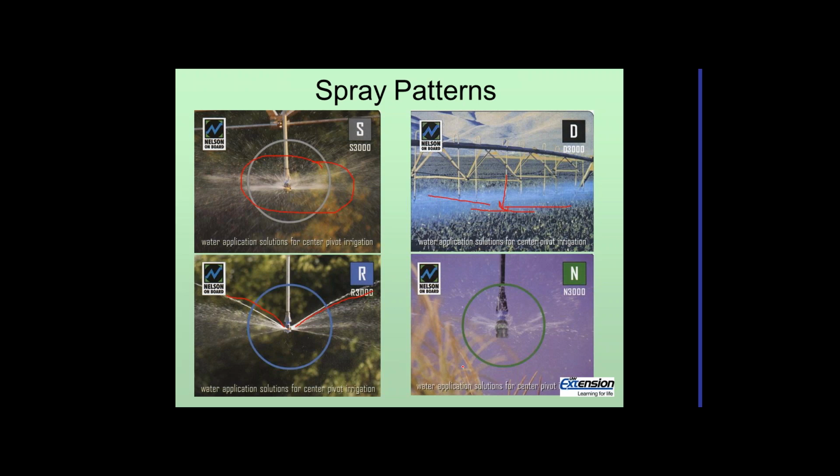So it works fine on a center pivot, but might not work as well on a solid set system. And then down in the lower right is what we call a nutator. This is a combination of the spinner and the rotator.